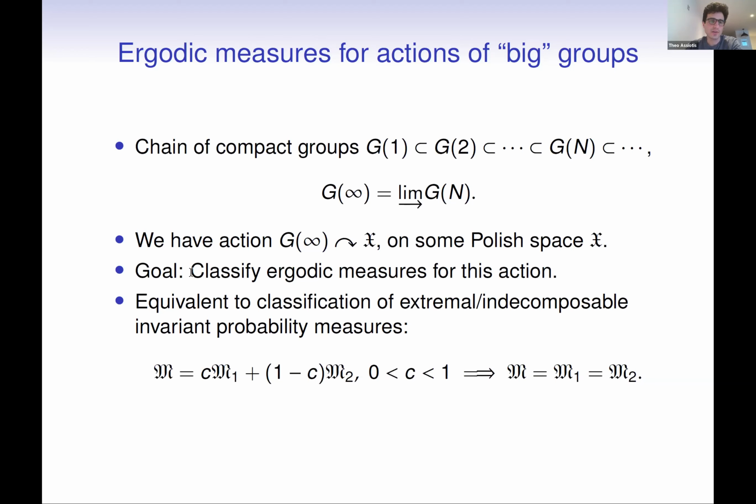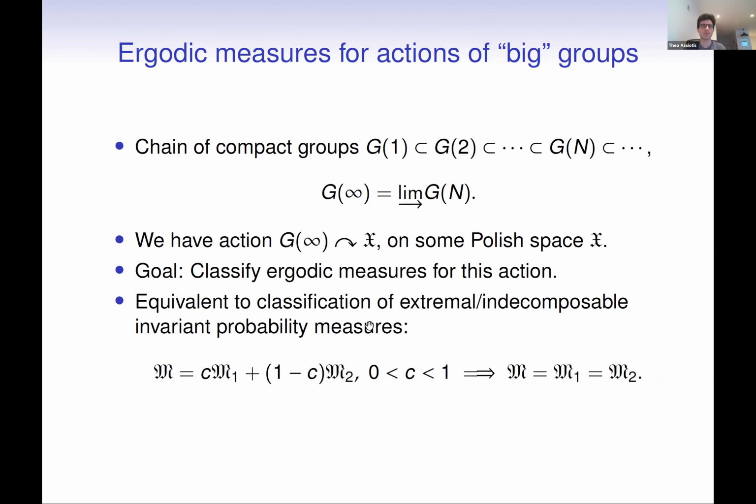And then our goal is to classify the ergodic measures for this action. Ergodic measures are the probability measures that are invariant under this action, so that the invariant sets have measure 0 or 1. And in this specific setting, where we have this inductively compact group, G infinity, this is equivalent to the classification of extreme or indecomposable invariant probability measures.